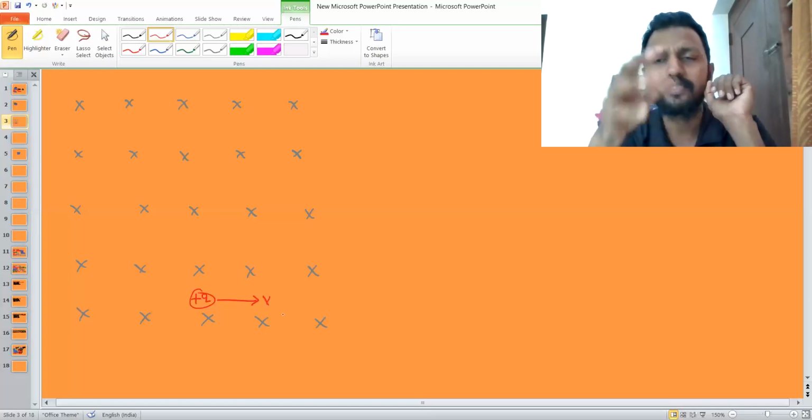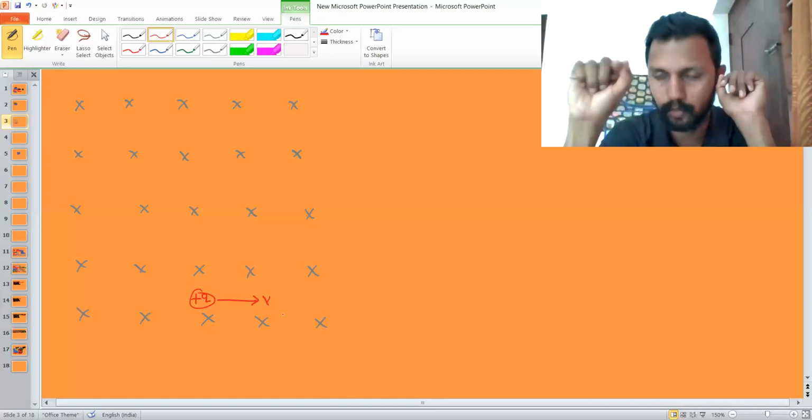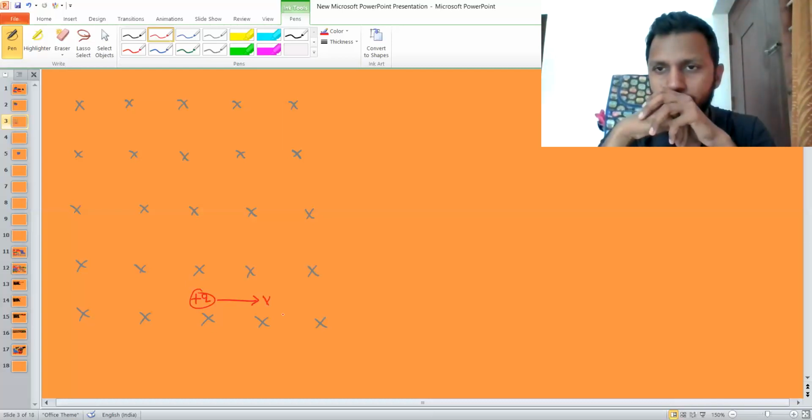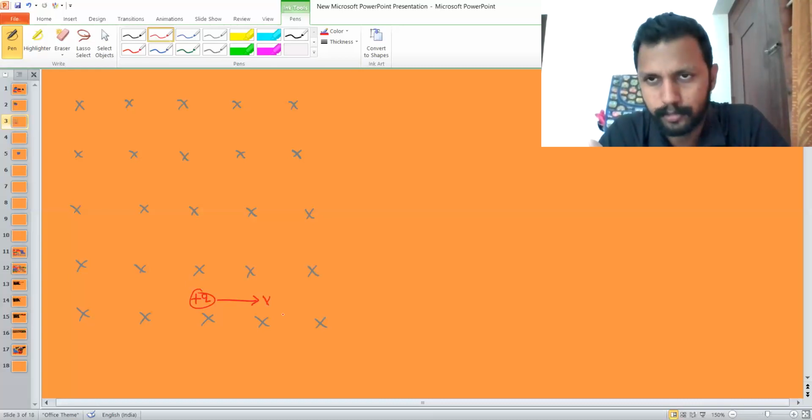What is the direction of magnetic field over here? The direction of magnetic field in this screen is inwards. What is the direction of current? For that we have to go to our current electricity chapter. Current is in the direction of flow of positive charge.